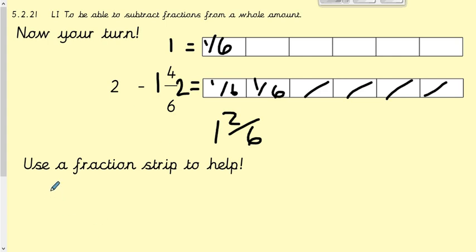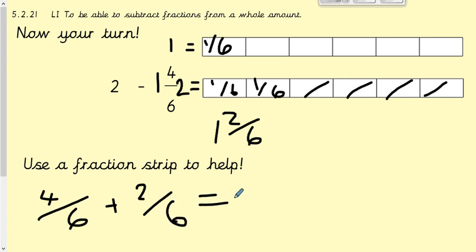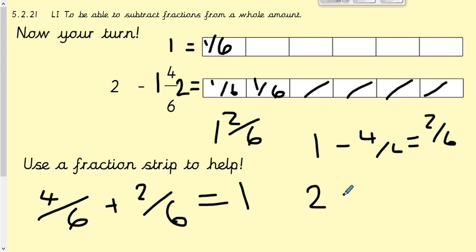So if you know that 4/6 add 2/6 equals 1 whole, you can turn it around to have 1 take away 4/6 equals 2/6, but because it's 2 wholes, it's going to be 1 and 2/6. Hopefully that makes sense.